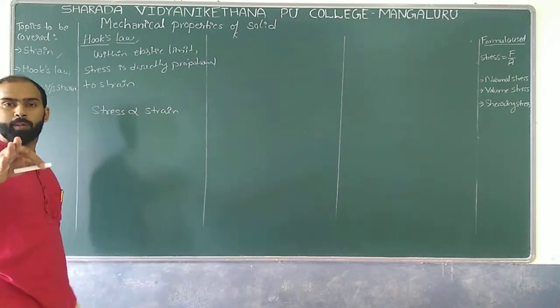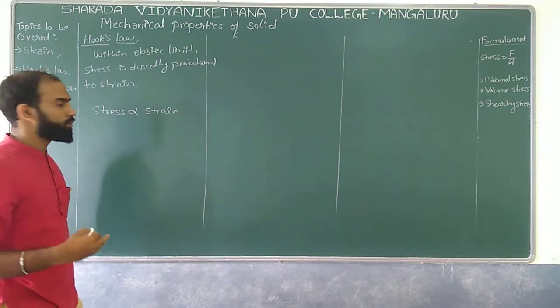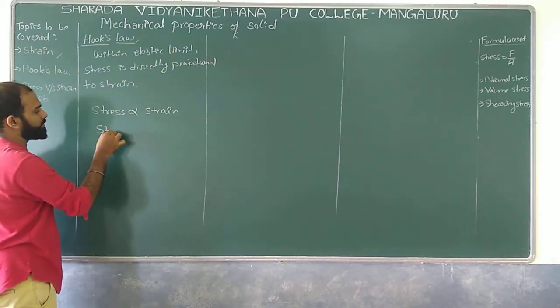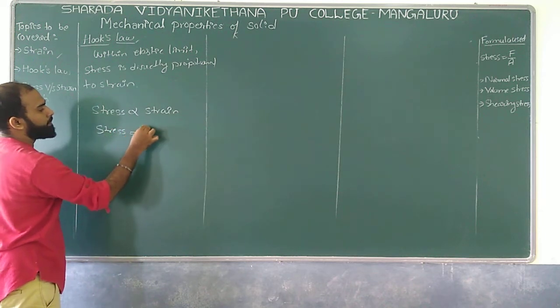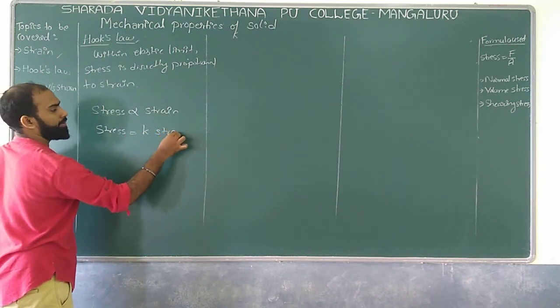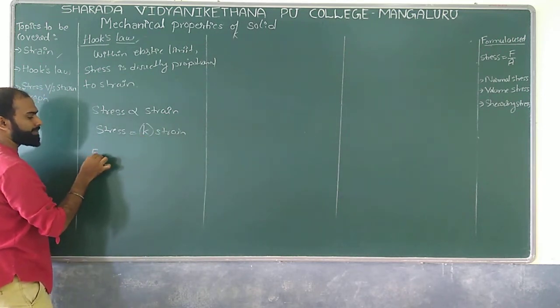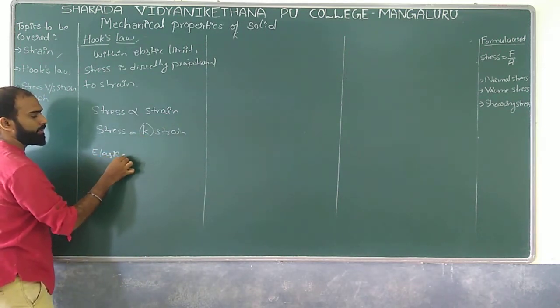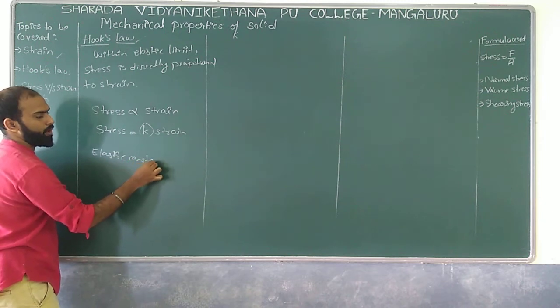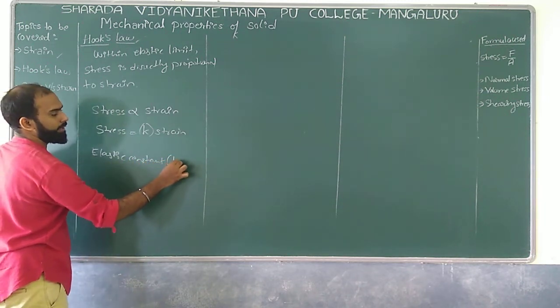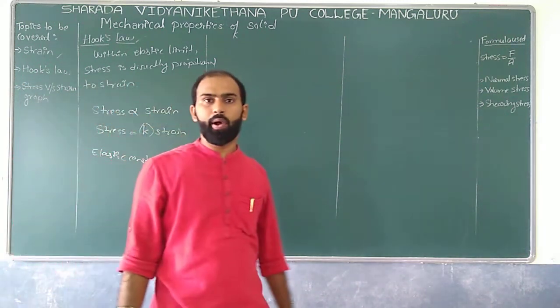Since we have this proportionality, can I get one constant, like stress equal to K into strain over here, where K is called the elastic constant? So are you getting my point?